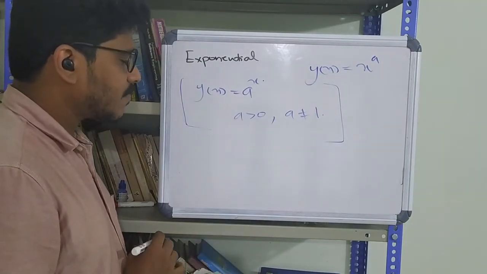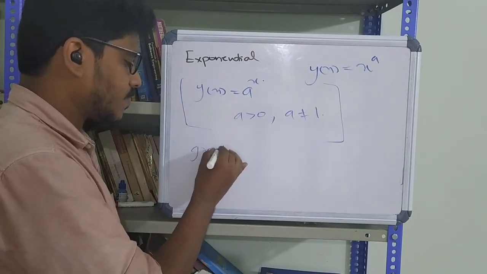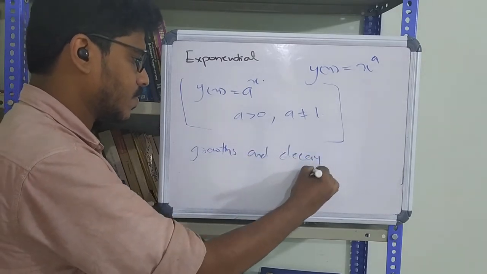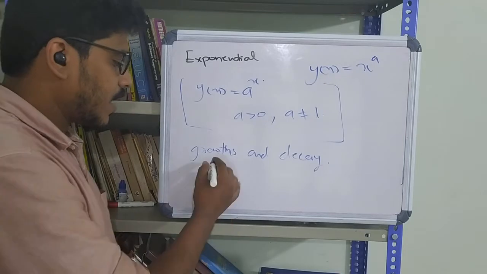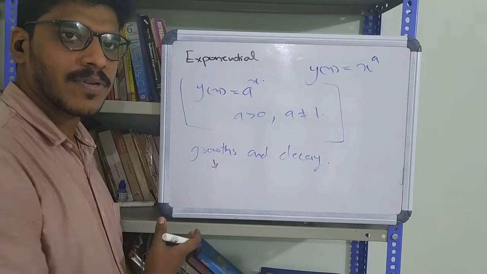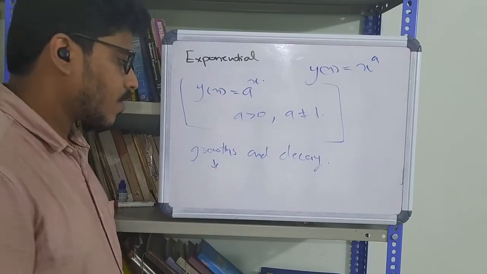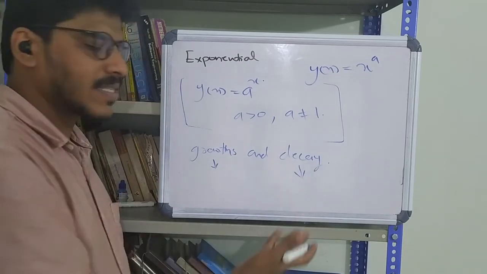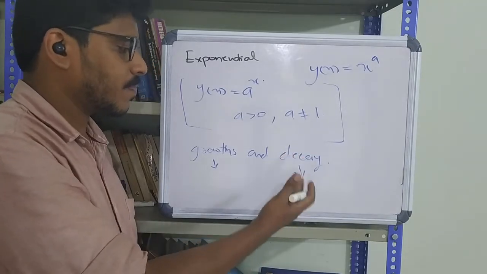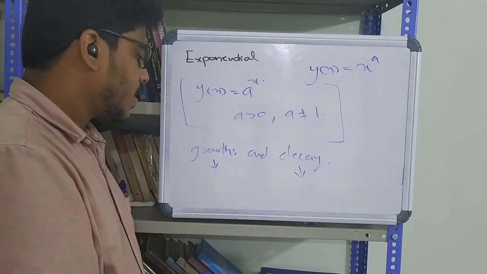Okay, see, these exponential functions are widely used to demonstrate growths and decays. This can be the growth of a certain kind of bacteria in biology, or the growth of a capital in economics, or whatever, and decay can be the decay of a capital, or the decay of a radioactive material, or whatever.